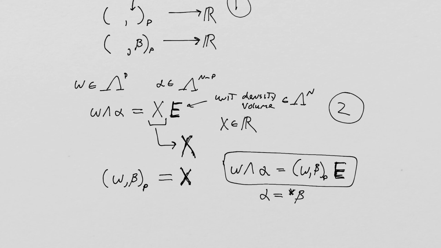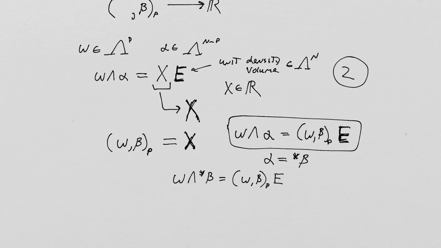And we can now write omega wedge Hodge dual of beta equals omega inner product beta times the unit density, or the equivalent, omega wedge beta equals the inner product of the Hodge dual of omega with beta in the n minus pth inner product space, with the induced inner product, and the unit density.